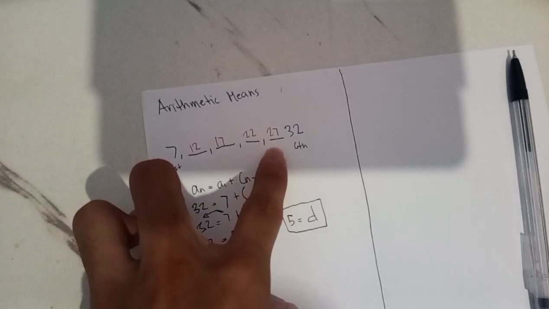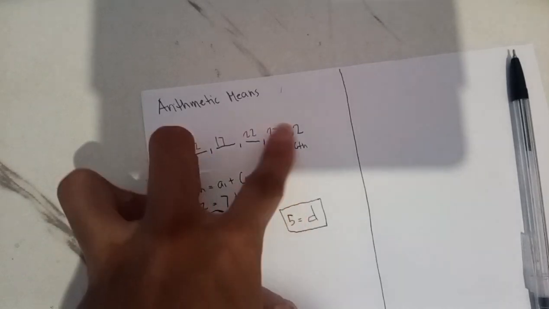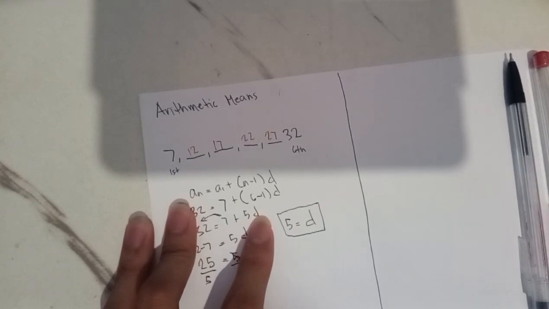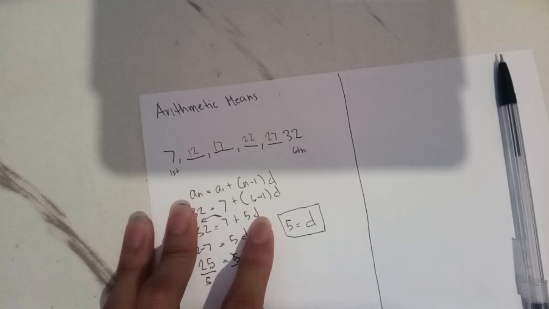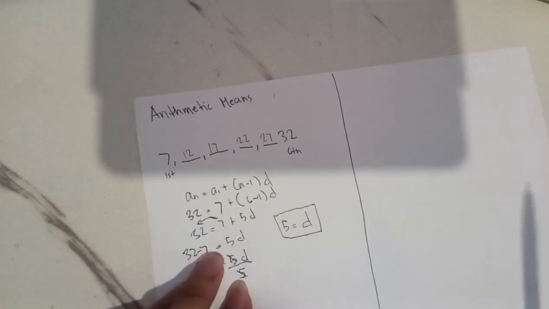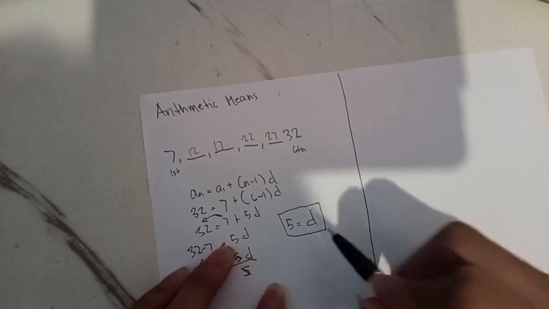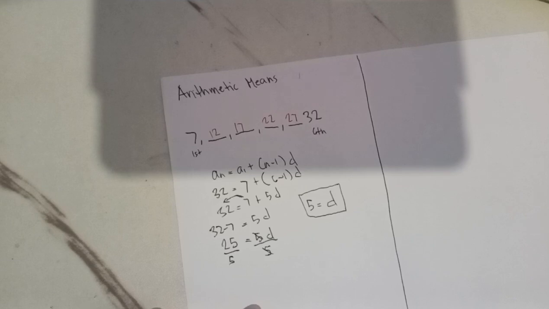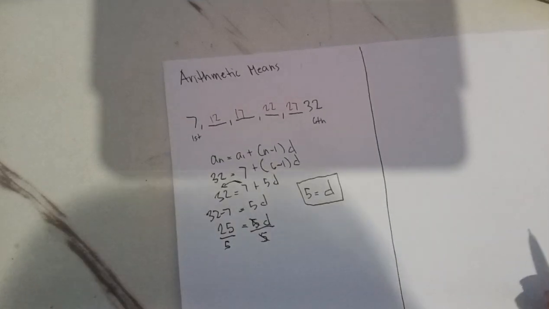And 27 plus 5 is indeed 32. So now that we got the last term na, and we identified that the common difference is correct, we can mark it na. So that's the overview ng arithmetic means.